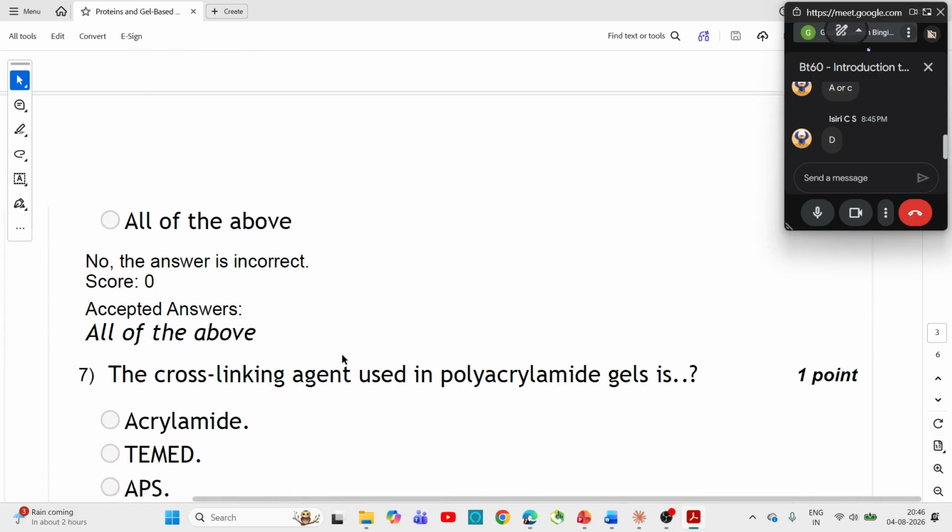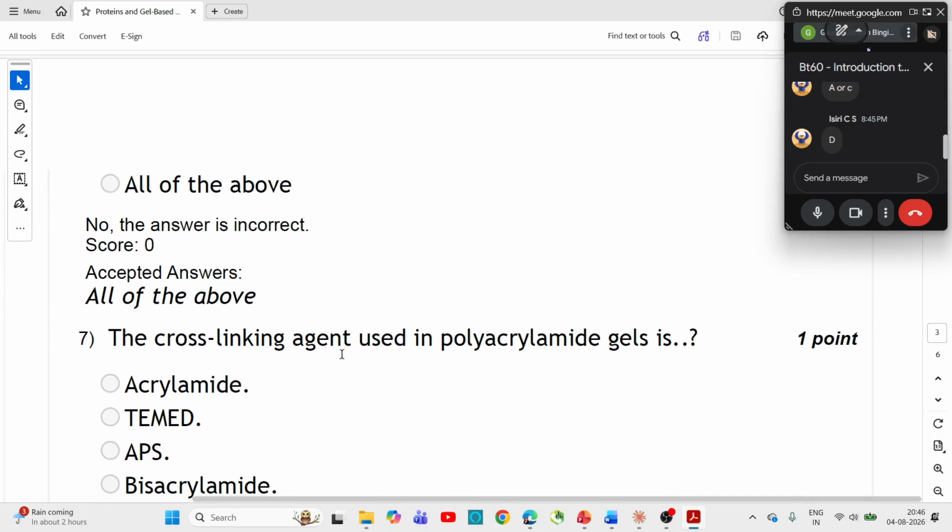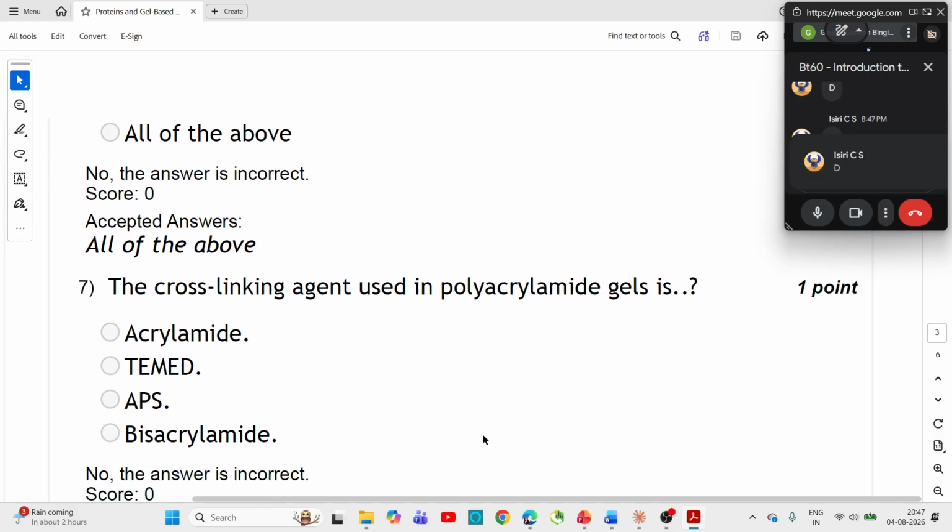The cross-linking agent in polyacrylamide gel is acrylamide, TEMED, APS, or bisacrylamide? Yes.